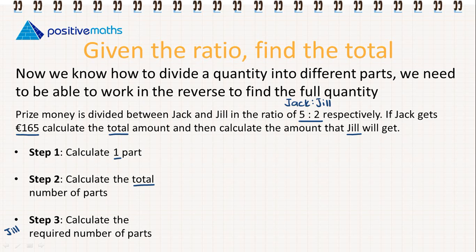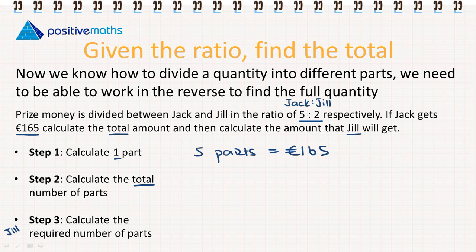Okay, so let's write down the information that they've given us in words in a mathematical way. We know that 5 parts, that's what Jack gets, 5 parts is equal to €165.